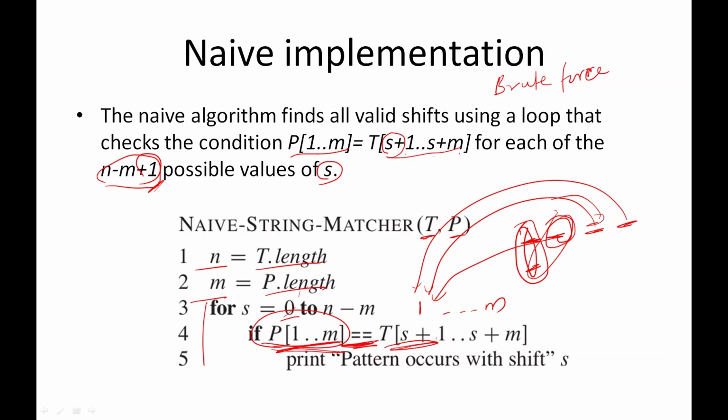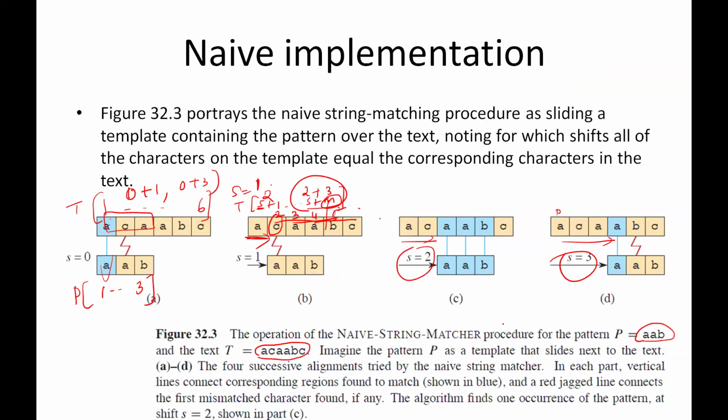Then you have T of S plus 1 to S plus M. So this is the shift from the original position, S, plus the last position of the pattern. Okay. So if there are 3 characters in the pattern, using the shift, there should be a check of 3 characters in the text. So the shift value S keeps on changing, and every time we have a 3-character match in this case. Okay.